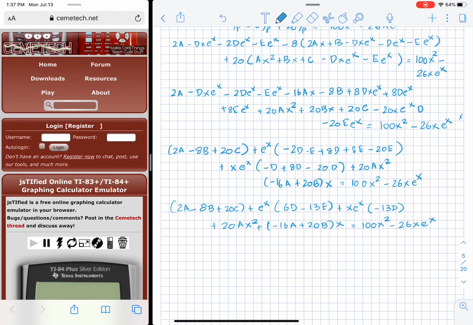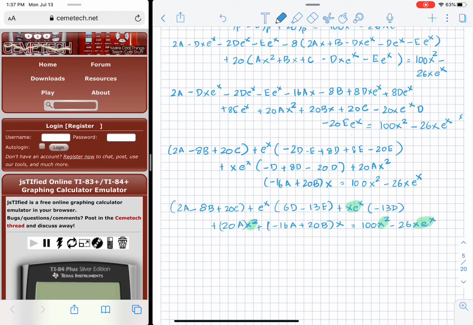So we simply have to equate the terms corresponding to each of the functional terms, so x squared, e^x, and x e^x.